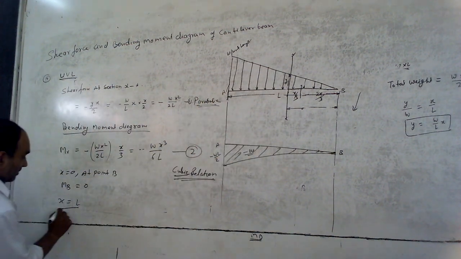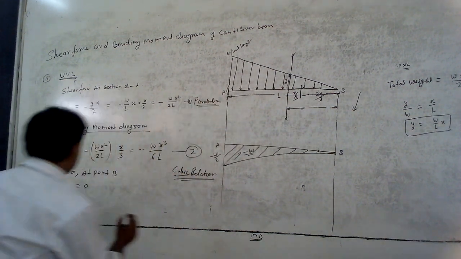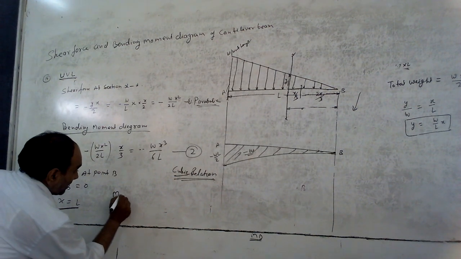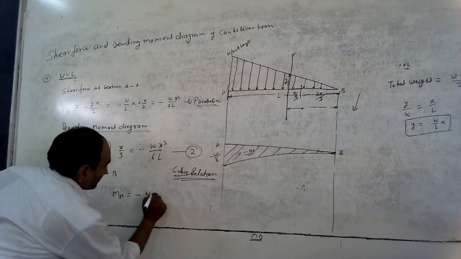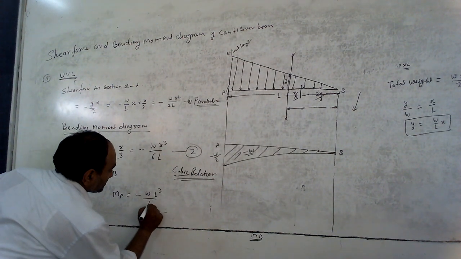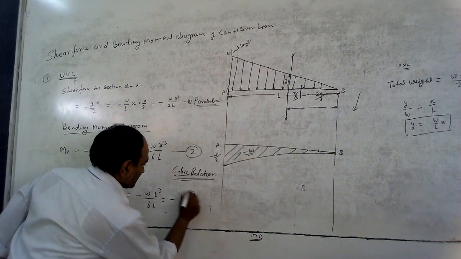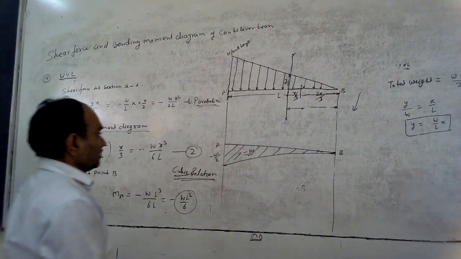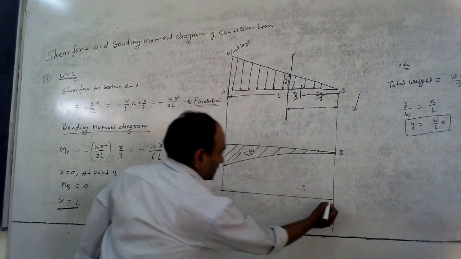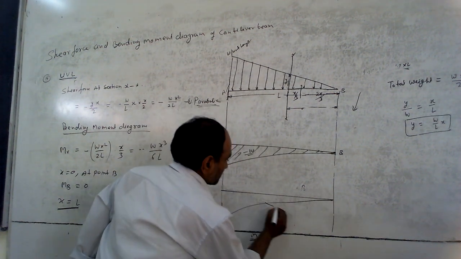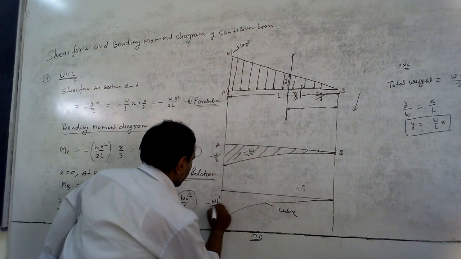So what will be the bending moment at section A? M equals minus KW L cube upon 6L, that is minus KWL square by 6.